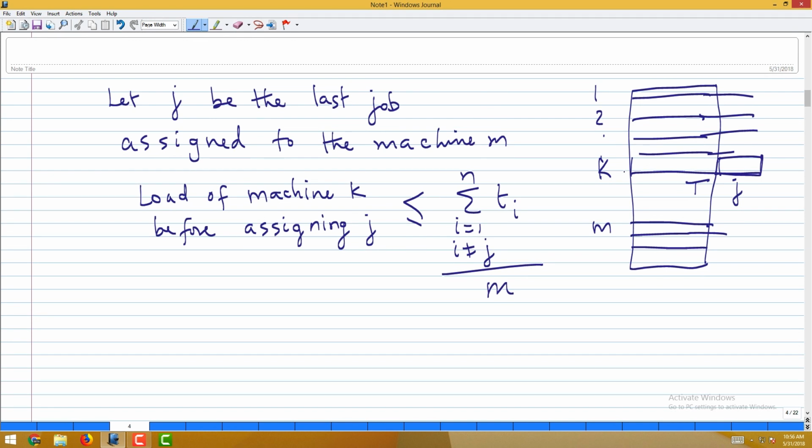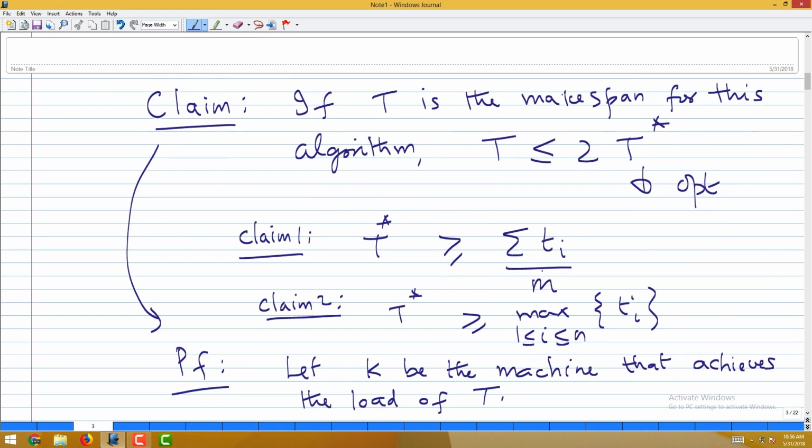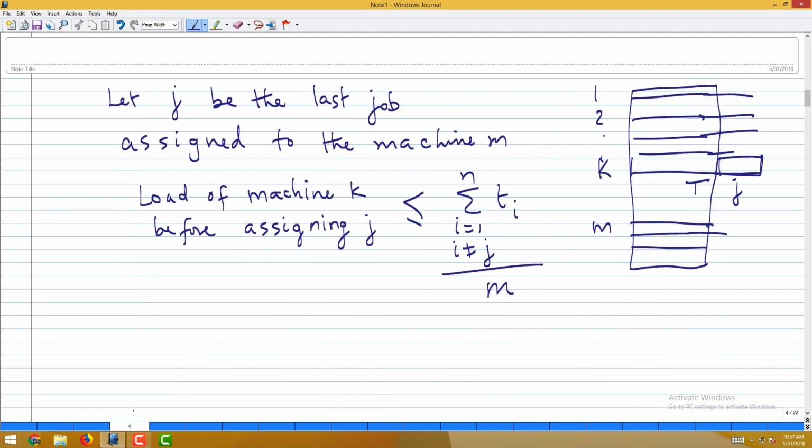So this load is at most this. But summation T_i by m, we argued, is less than or equal to the optimum. So this quantity is strictly less than T star, because it is even missing the job j.